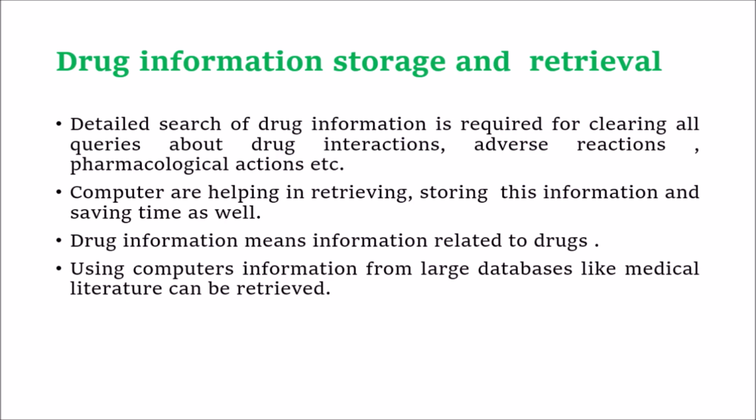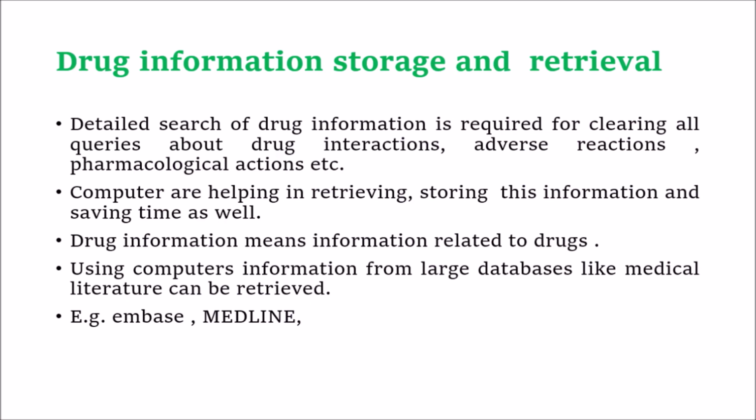There are large medical literature databases available on the internet, and by using computers you can search on the internet and retrieve from those large databases. The computers help you retrieve the particular information, and you can save that information for future use.